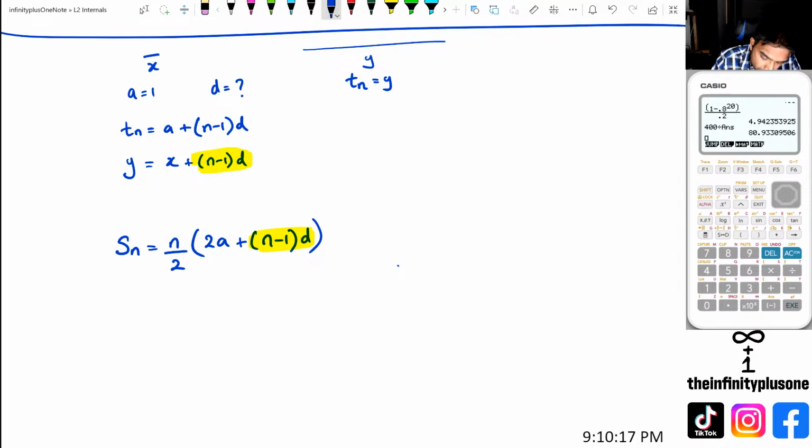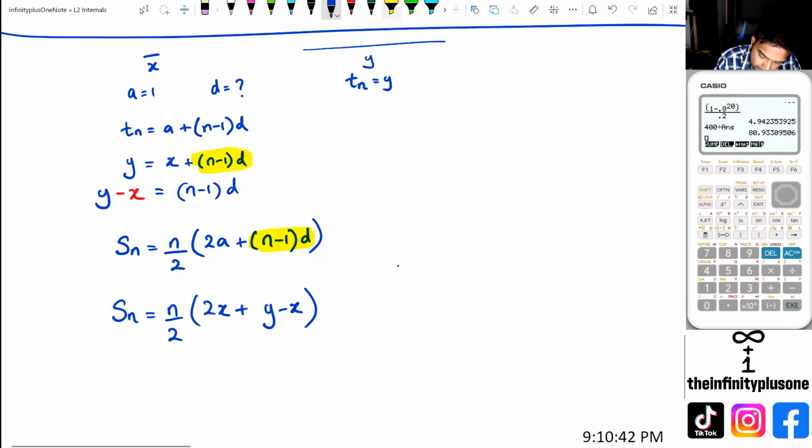So what you can then do is rewrite this as y minus x equals (n minus 1)d. Because now I'm going to say the sum of n is n over 2 times (2x plus (n minus 1)d), where A was just the x value, and (n minus 1)d is equal to y minus x, so I can replace that straight away.